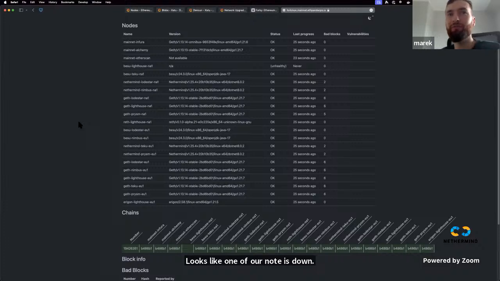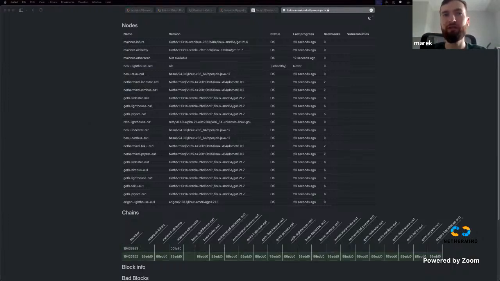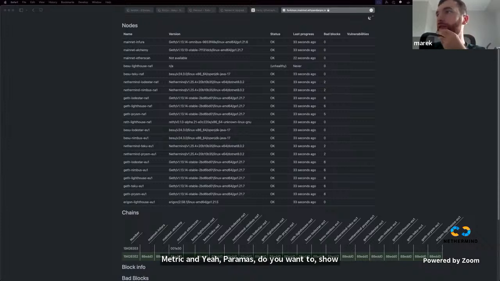We can assume that the fork went well when we see all the clients right now on the same block, and it will be a very important metric. And yeah, Barnabas, do you want to show something more?